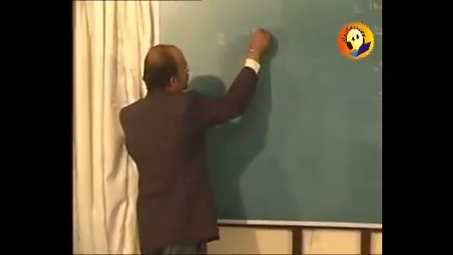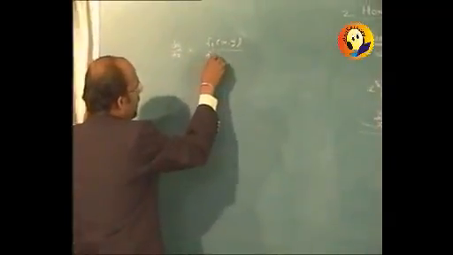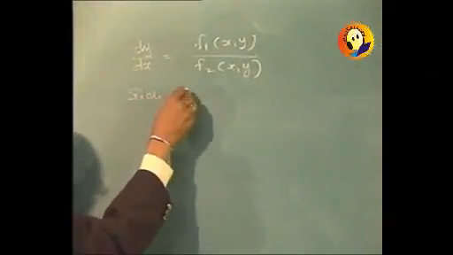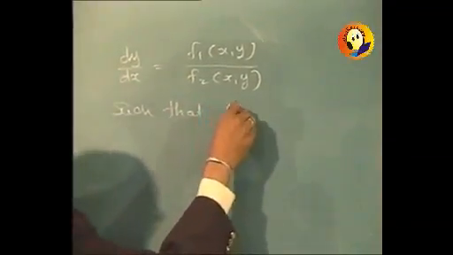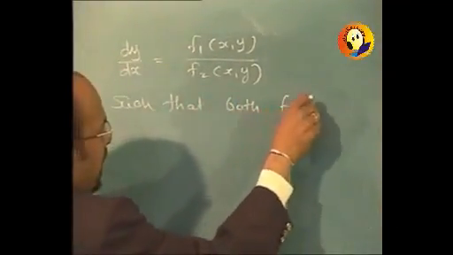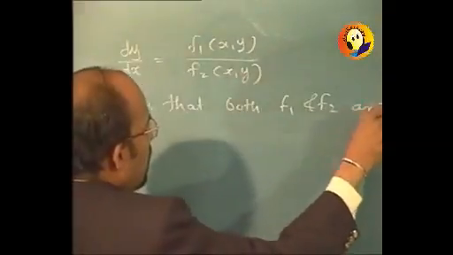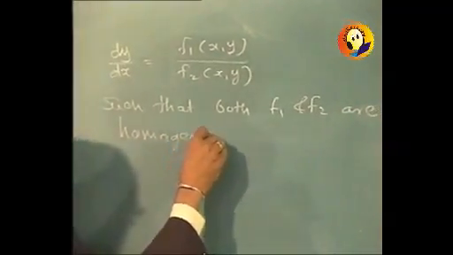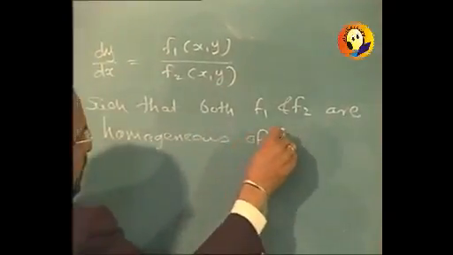The equation is dy by dx equal to f1 of x comma y upon f2 of x comma y, such that both f1 and f2 are homogeneous of degree n.